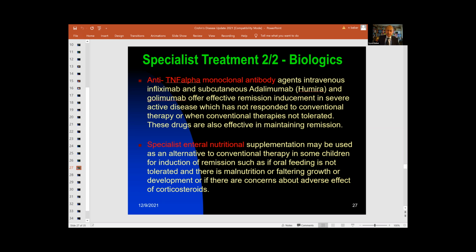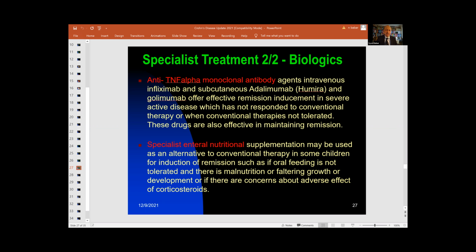Infliximab by infusion, Humira as subcutaneous, or golimumab as both infusion as well as subcutaneously can lead to reliable remission in most patients. But these are offered when conventional treatment, which I've just discussed earlier, has failed or is ineffective.